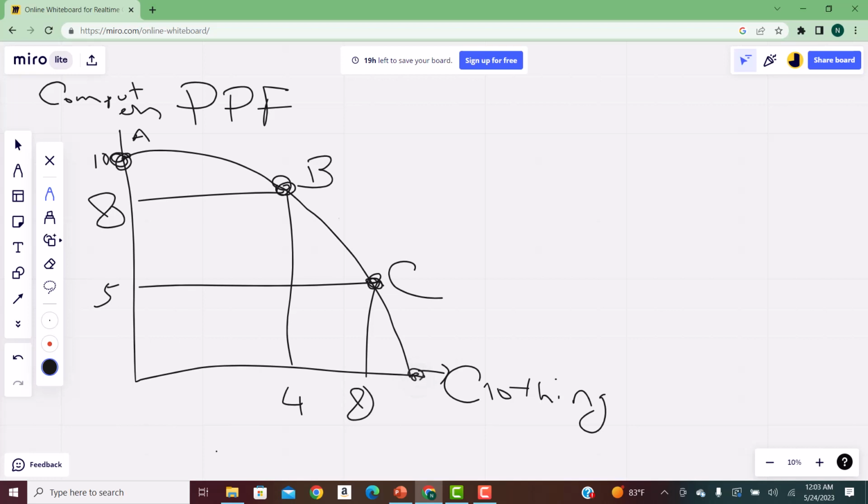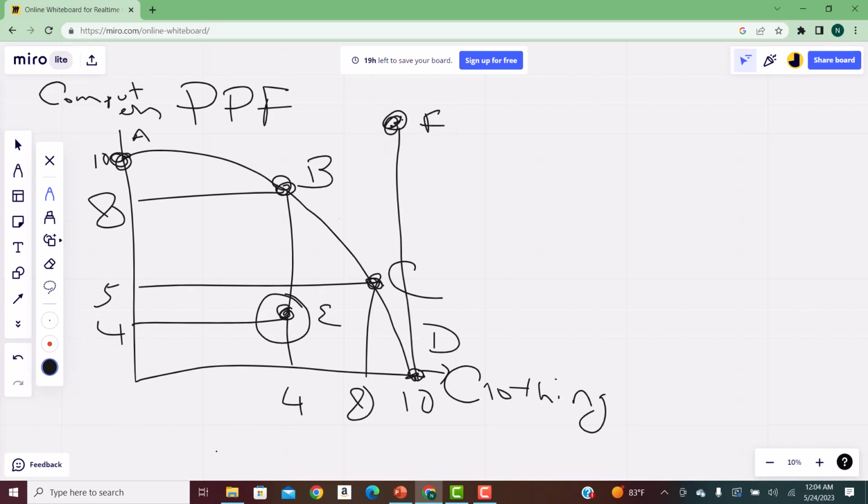Then we have point D, which is 10 here. Then let's say we have point E here, that's E, and that's 4, and then we have point F, which is 11.